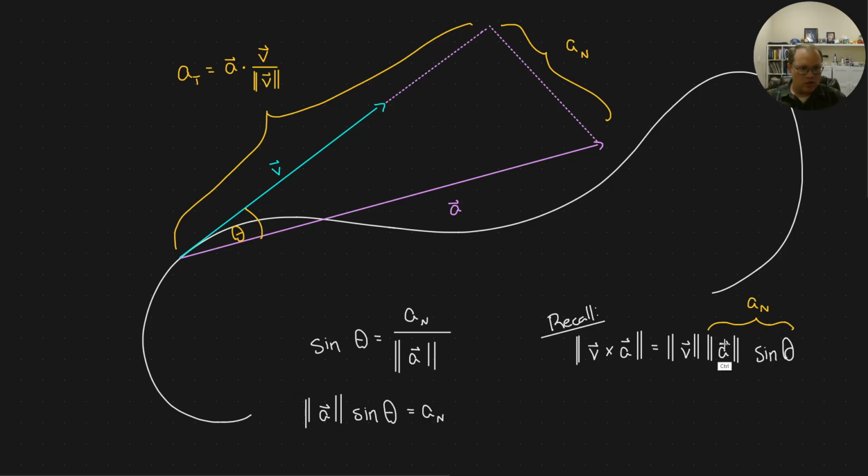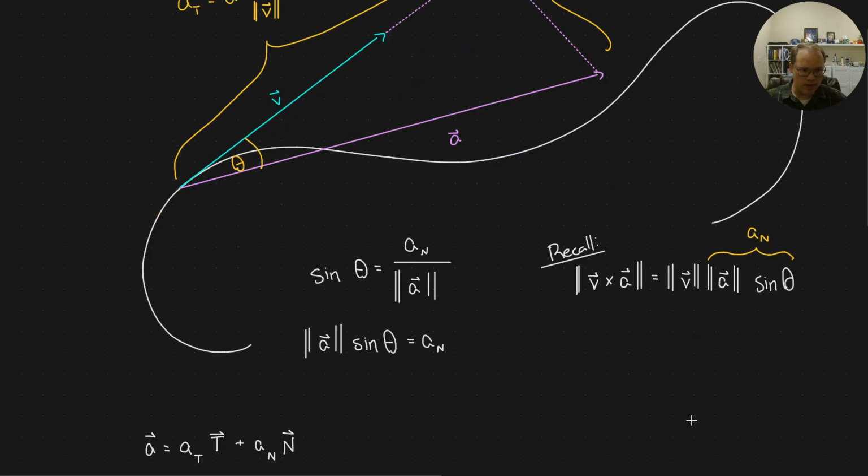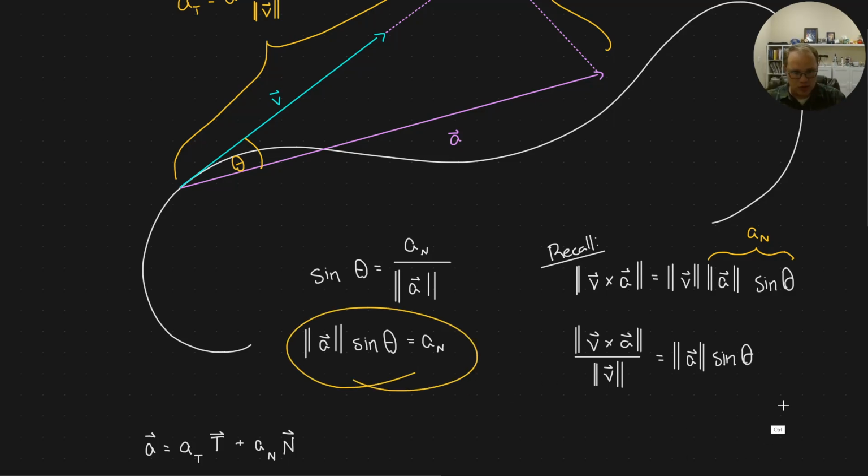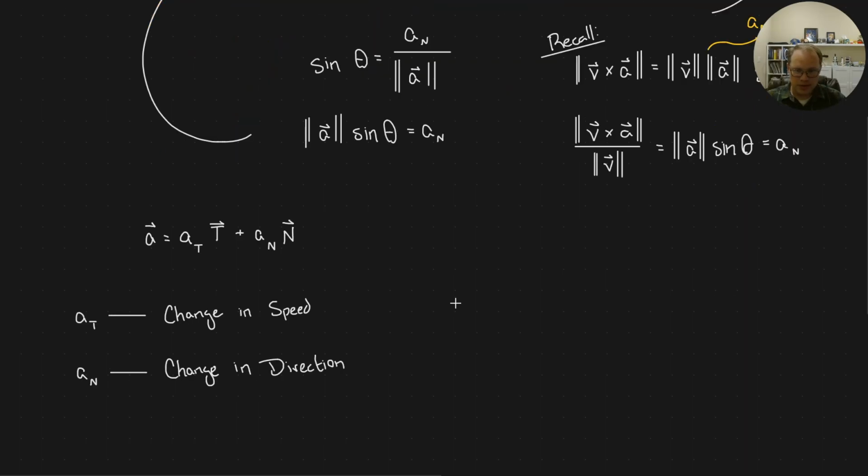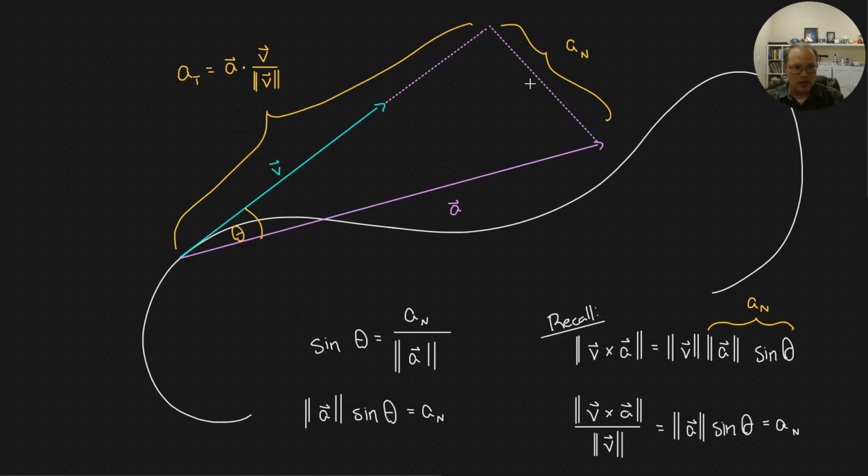So let's isolate this so we can find a formula for a sub n where we don't have to calculate the angle between the vectors. All we need to do is divide by the norm of v. So norm of v cross a divided by norm of v is equal to norm of a sine theta, which we use trigonometry to find is equal to the normal component of acceleration. Okay, so that gives us our two formulas.